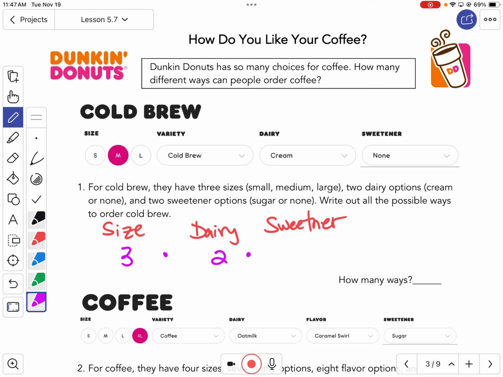And how many sweetener options? 2. We just count. That's why they call it the counting principle. And then we multiply, so there are 12 different ways we could order our coffee. Just multiplying those. Okay, that's learning target 1, the multiplication counting principle.